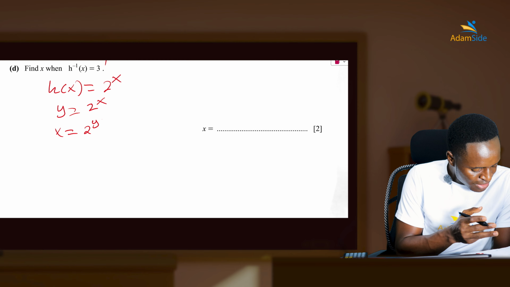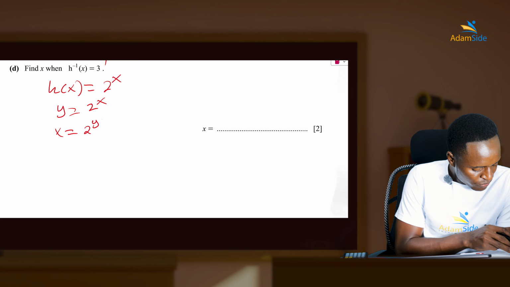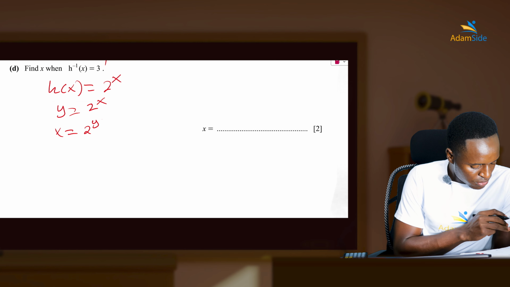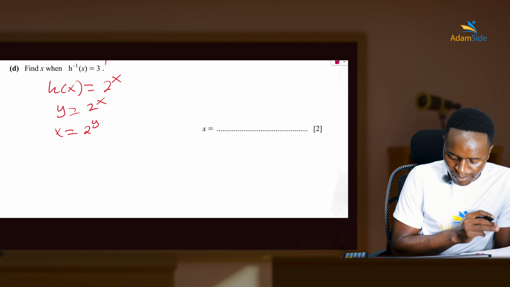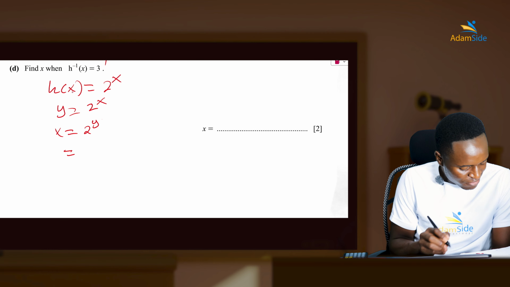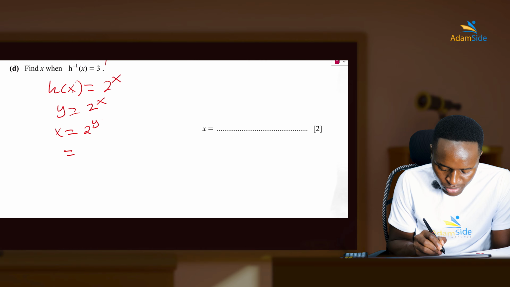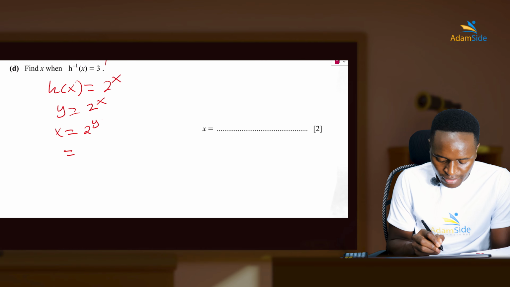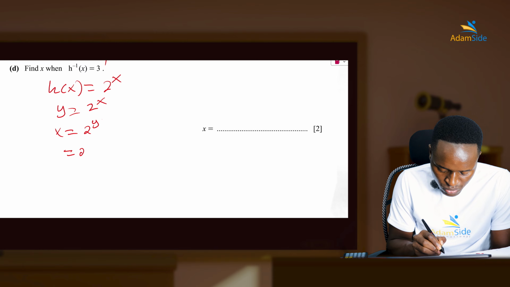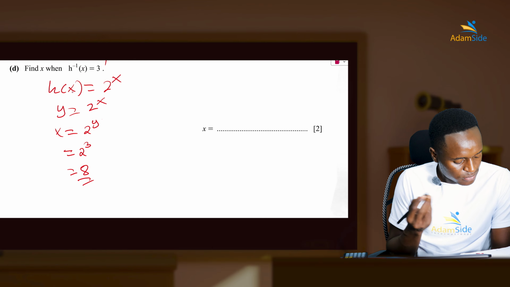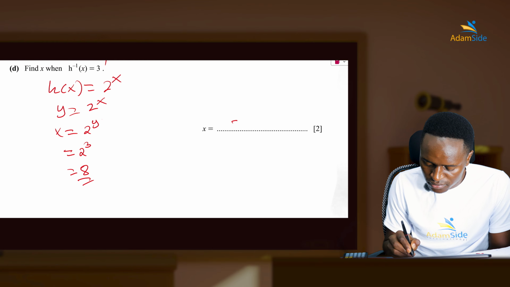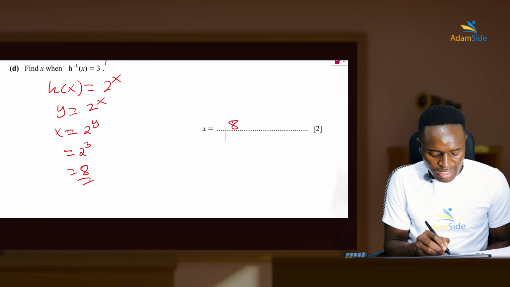Obviously, what they have said here is h inverse of x is 3. So that means where there is y, I'll put 3. So I'll say 2 power 3. What do you get? I'll get 8. That's it. That becomes my answer as x.